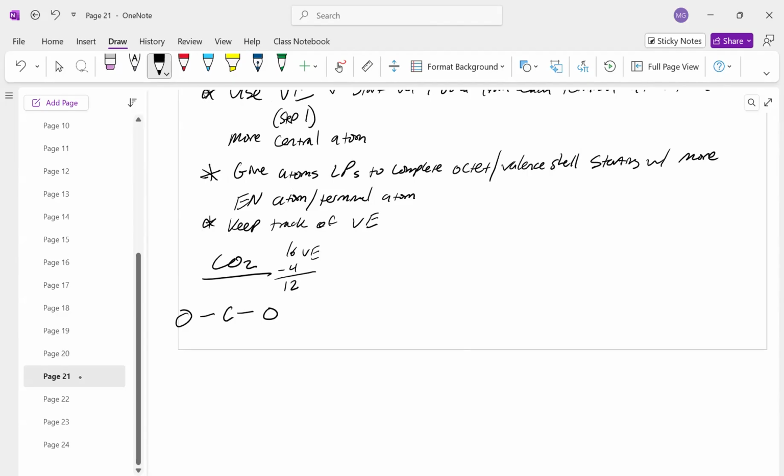And so I'm going to start giving those as lone pairs to the outer atoms. So I give that oxygen 6. Now it has a full valence shell. And give that one 6. So there goes all of our valence electrons. Now I know you're looking at that and saying carbon's not happy. You're right. We'll get to that in our next step.